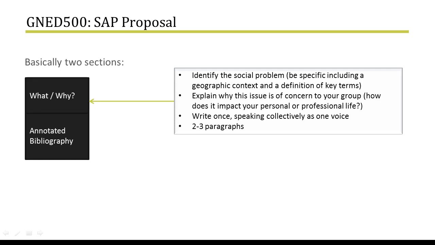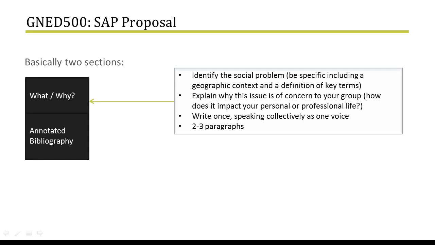We need to be very specific because the factors that create these problems and any possible future solutions will have to be within a very real world context. So you're going to want to define your problem within a particular geographic, national, or provincial context.